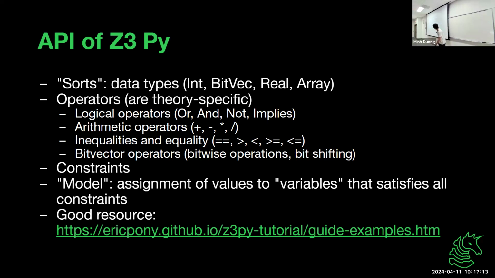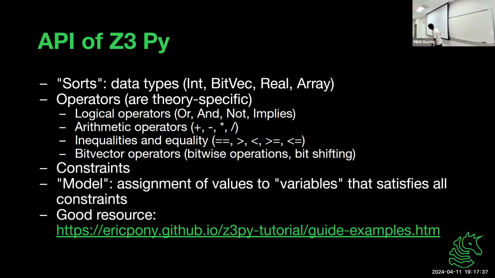As far as operations, SMT is a generalization of satisfiability, so it can do everything satisfiability can. In particular, all of your logical operations are still completely fine: AND, OR, NOT, implies, there's an if, any sort of logical operation.